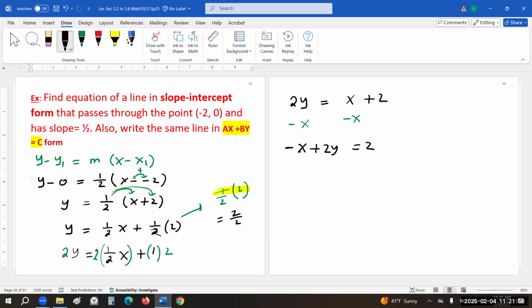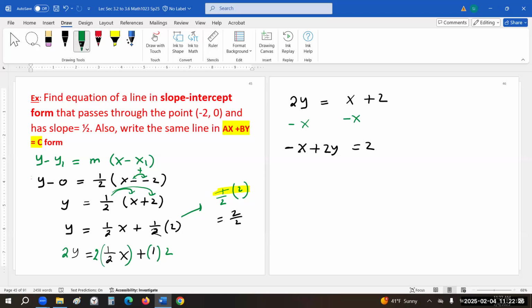We don't want our x to be negative. Almost, but we don't want to start our equation with something negative. So we always want our x to be positive. So if you have a negative, what can you do to turn it into a positive?